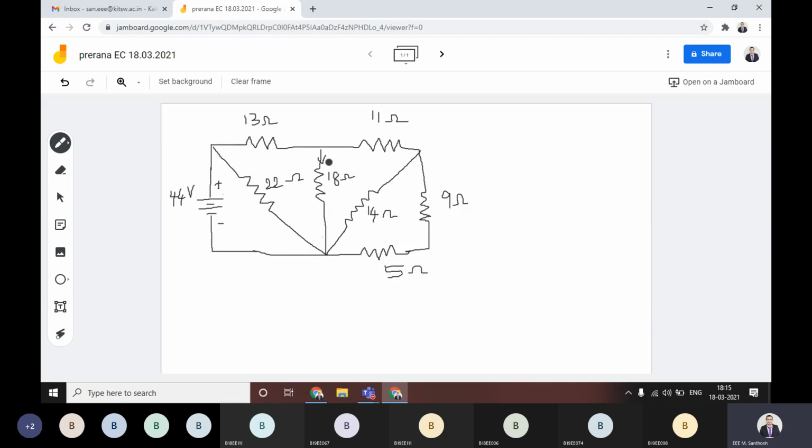Anyone completed? So already 2 minutes 30 seconds. We have to find the current flowing through this 18 ohm resistor in this circuit.